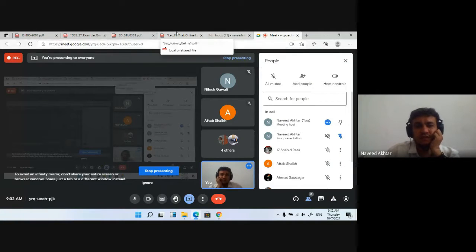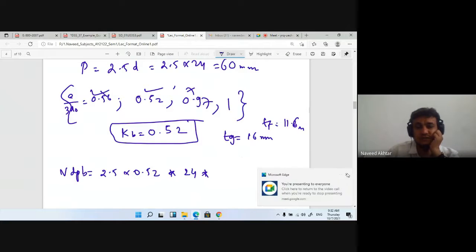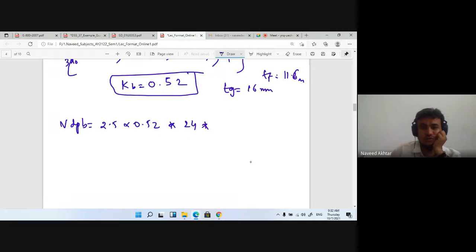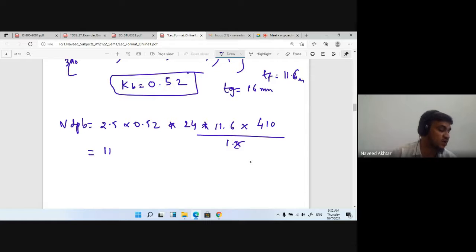So this is up to the design of connection. So we are finding the bearing strength of the bolt: 24 into 11.6, thickness of flange, into Fu 410 divided by gamma MB 1.25. Putting all these values and calculating, it is coming 118.7 kilonewton. It is much larger than the VDSB.